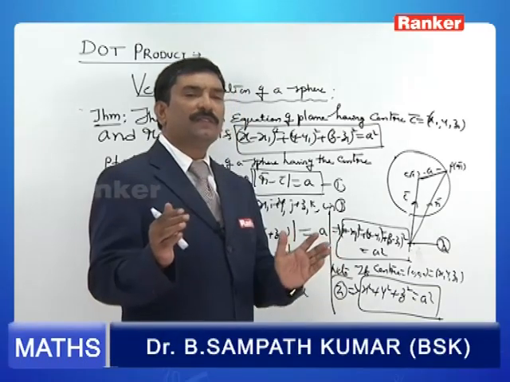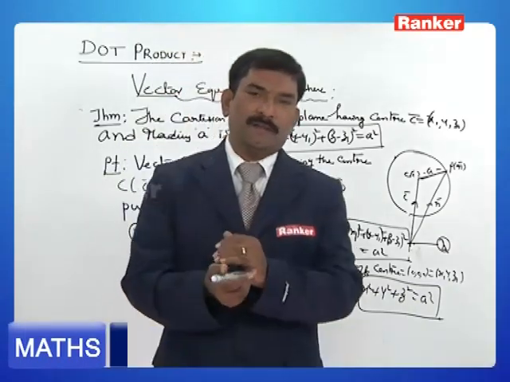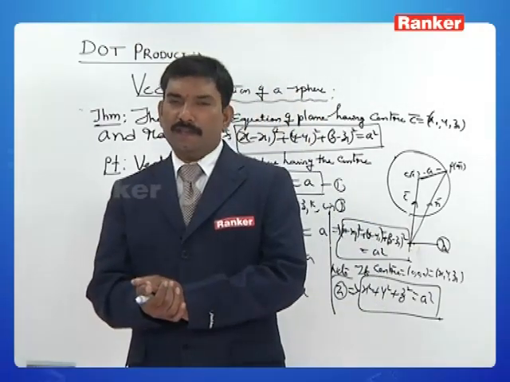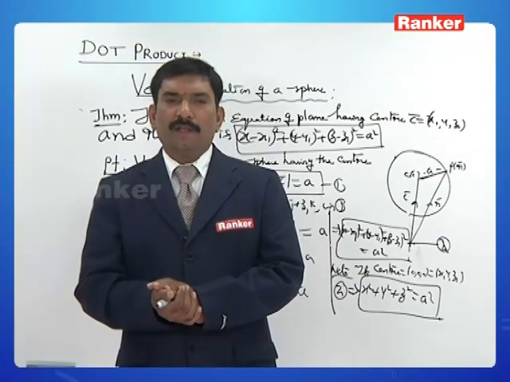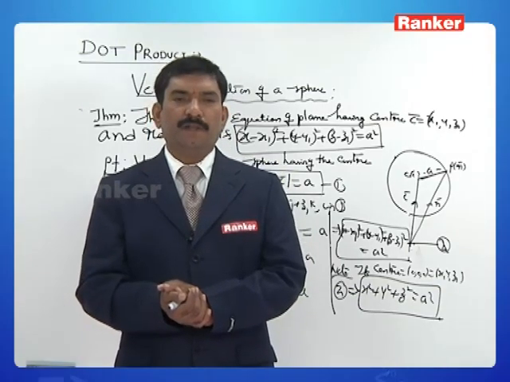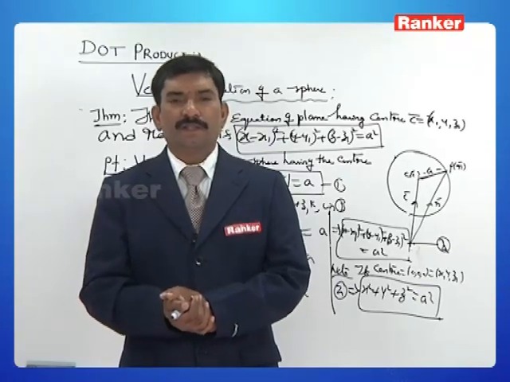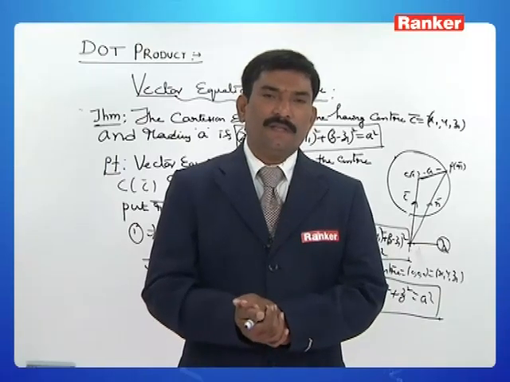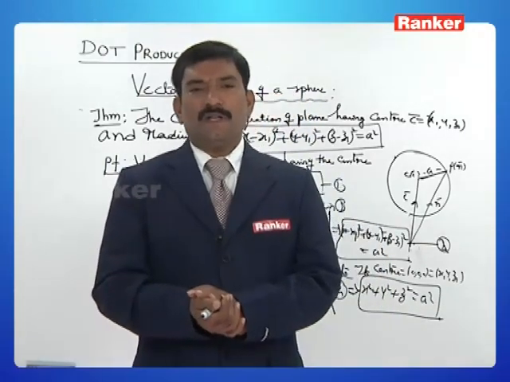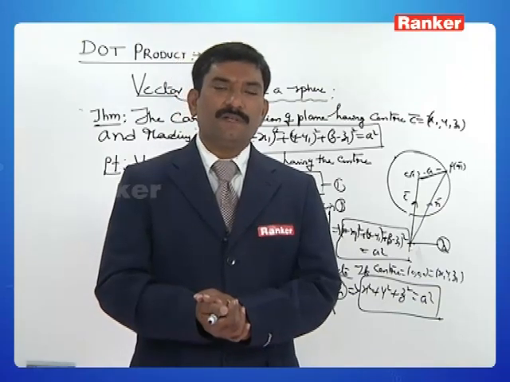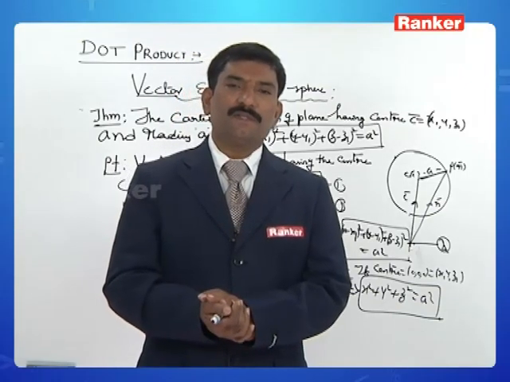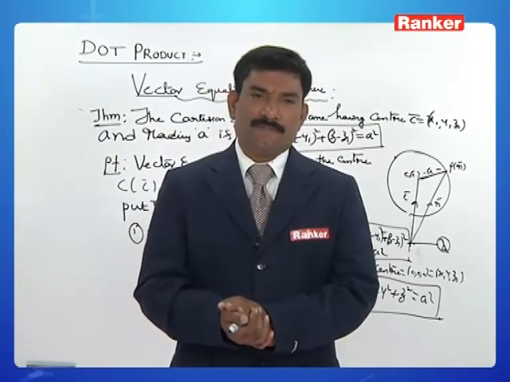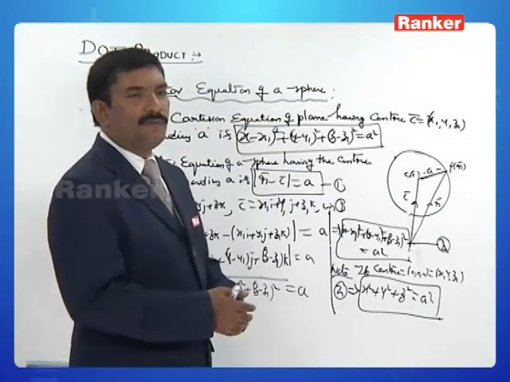The Cartesian equation of a sphere having the center at the origin and radius A is given by x square plus y square plus z square is equal to A square. These are the Cartesian equations of a sphere having the center x1, y1, z1 and having the center 0, 0, 0, where the radius is A units.